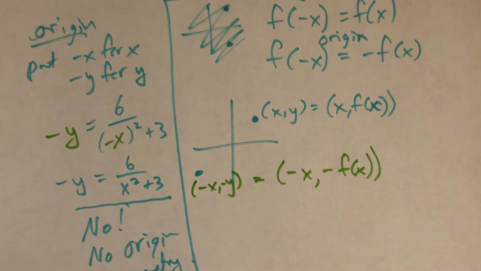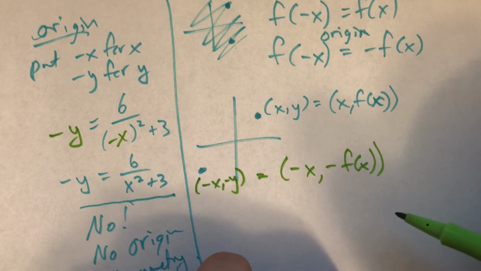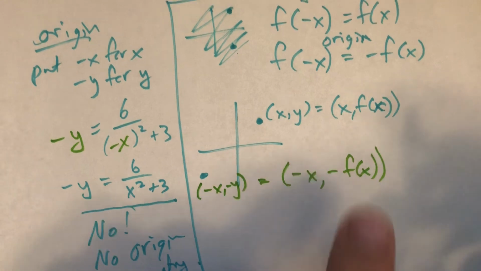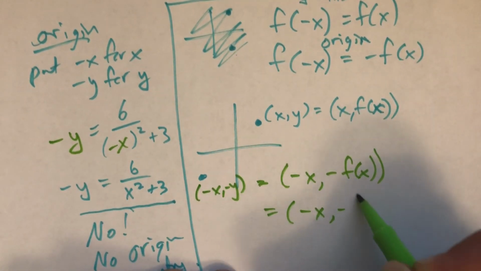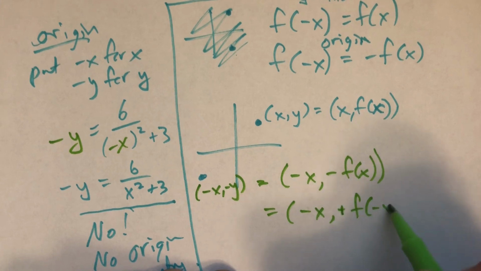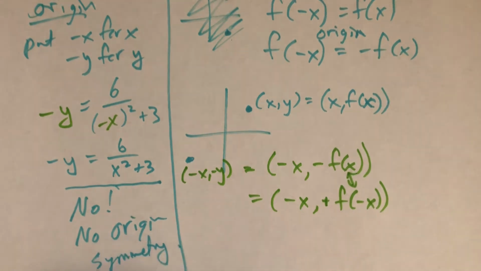So we would need these two things to be the same. Okay, so these two objects need to be the same for origin symmetry.